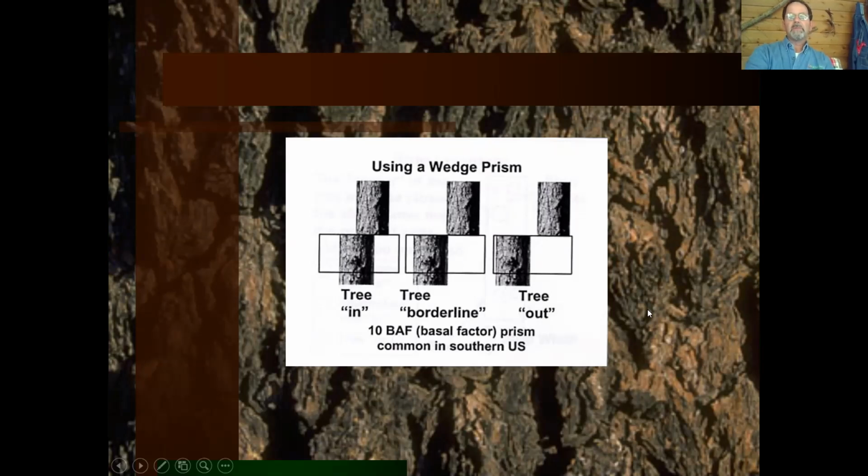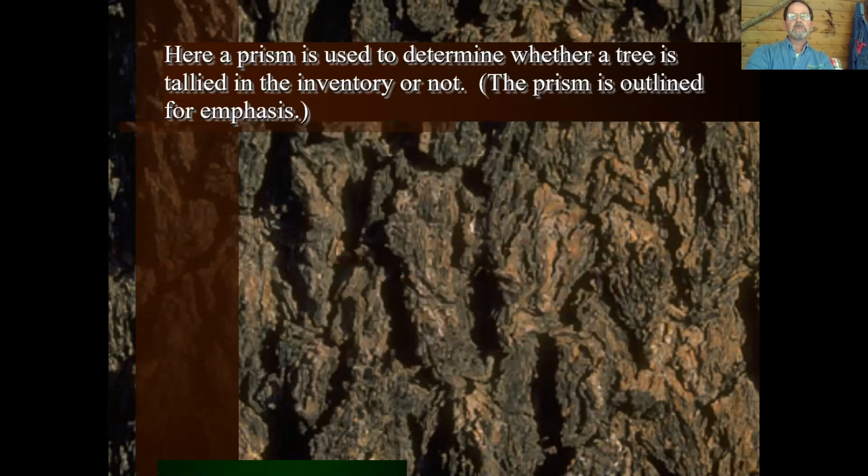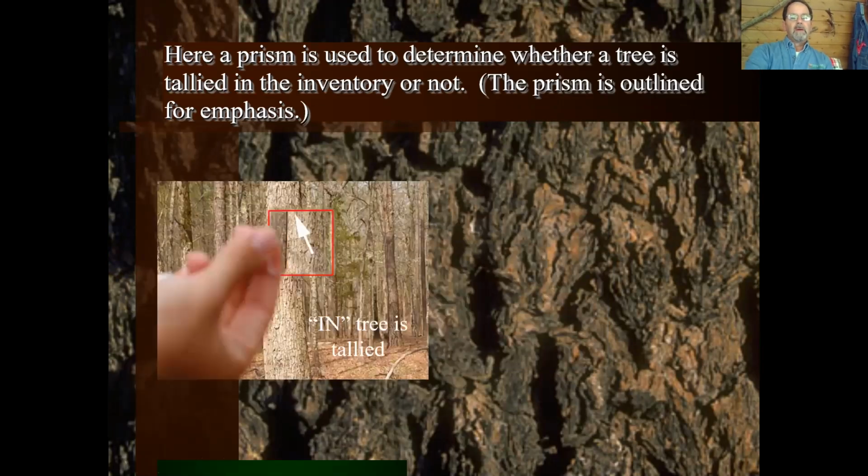So if you want to see a prism actually in action, here's a prism that's used to determine whether a tree is in and should be tallied or not. I've outlined the prism itself for you in red just so that you can see that's the outline of the piece of glass prism being held here. And as the light refracts through it, you'll see that there's an overlapping there. Here's the edge of the tree that's been jutted out to the side, but there's overlapping there. So this tree would be in.